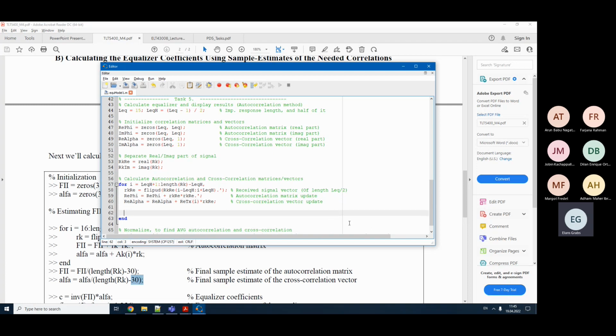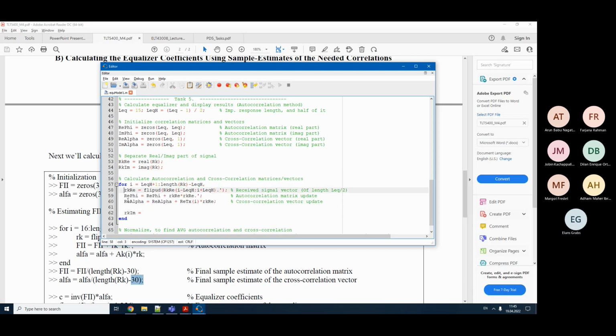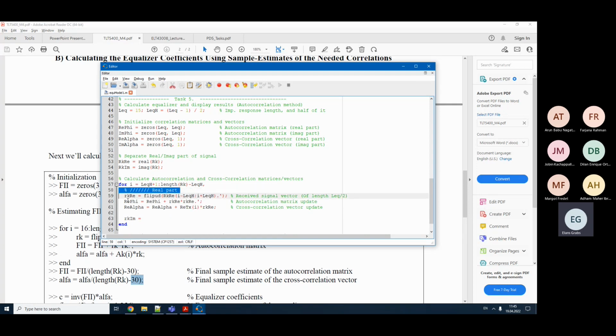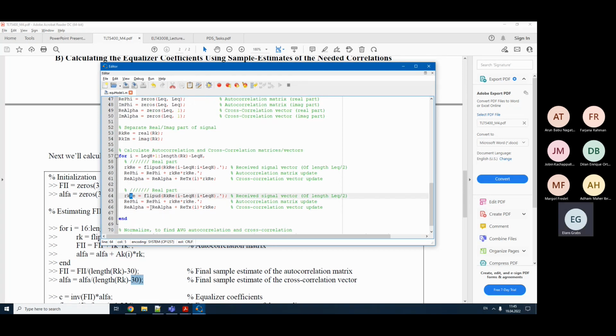Now we do the same thing for the imaginary part. So that would be rk imaginary. Basically, I believe I can copy-paste this. This is the real part, and this is going to be the imaginary part. Imaginary. Also imaginary.